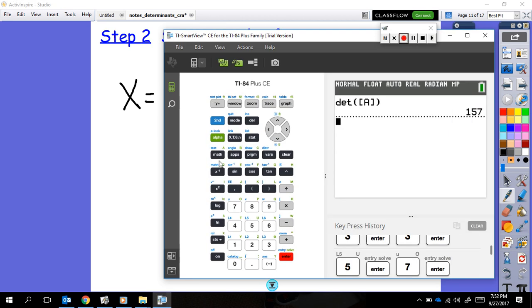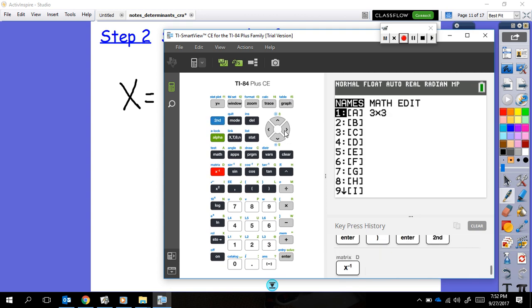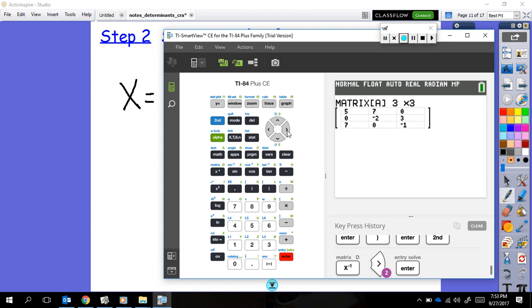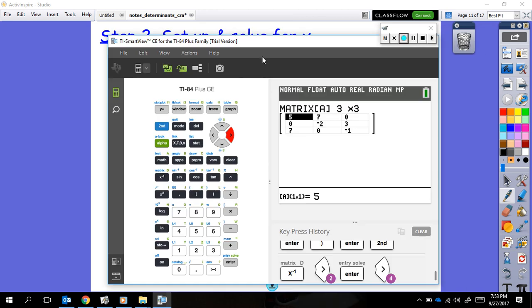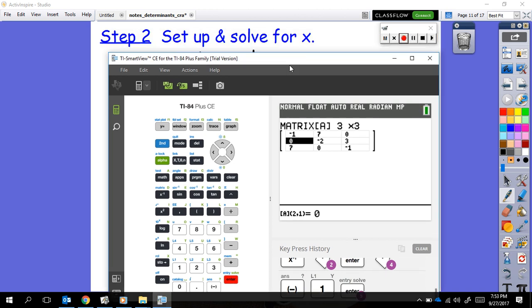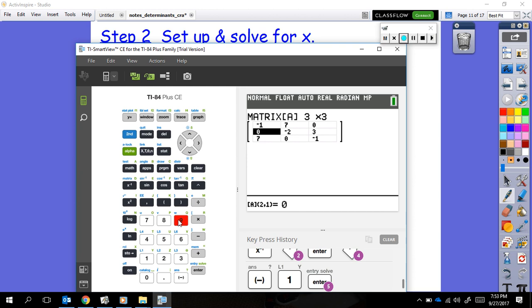We're going to go back to second matrix. Now that I've got it set up, I'm just going to edit and redetermine my determinant. So we are going to edit matrix A, and everything is cool except for that first column. My first column is now negative 1, and then we're putting in a 9, and then a 27.